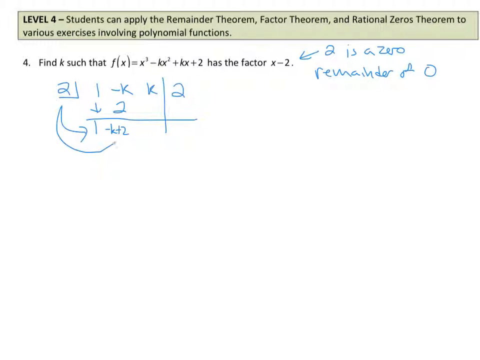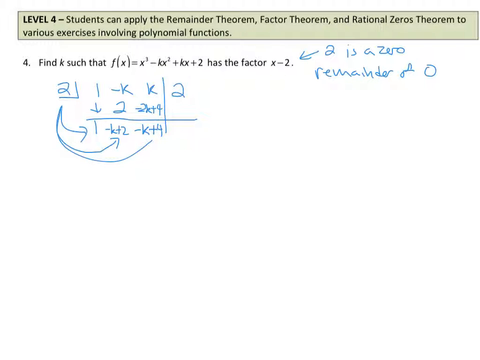Then we multiply 2 by that expression, and we get negative 2k plus 4. And then just like before, we add k plus that expression, negative 2k plus 4, and we get negative k plus 4.